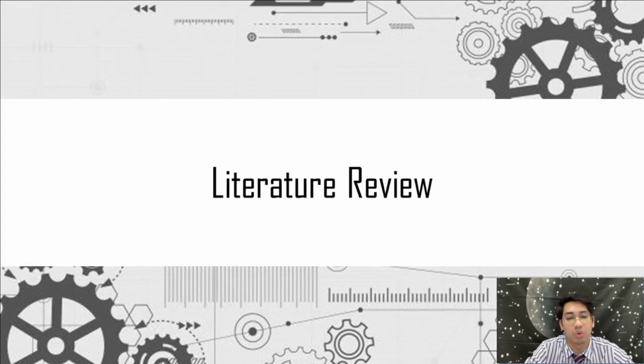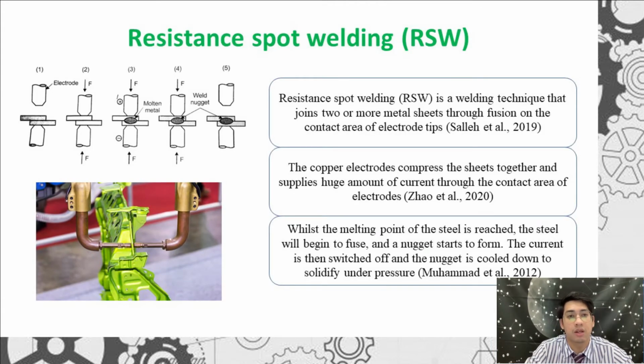Next, we go to the literature review. So basically, resistance spot weld is a welding technique that joins two or more metal sheets through fusion on the contact area of electrode tips. This procedure basically makes use of two copper electrodes to compress the sheets together and supplies a huge amount of current through the contact area of the electrodes.